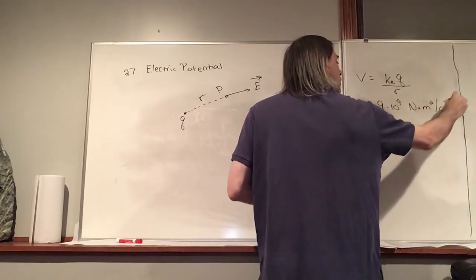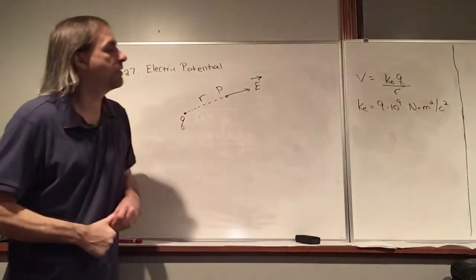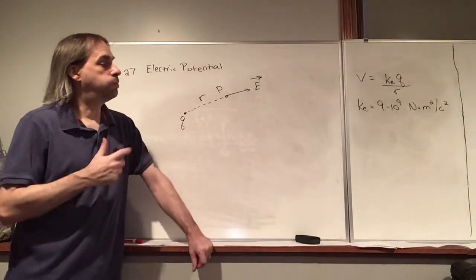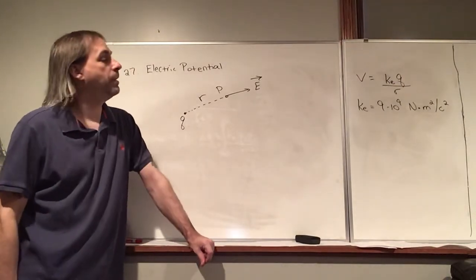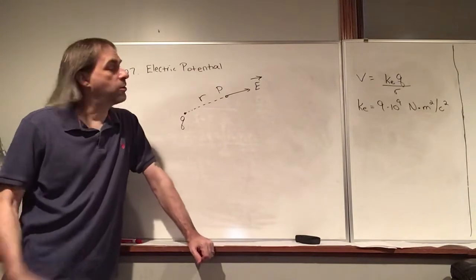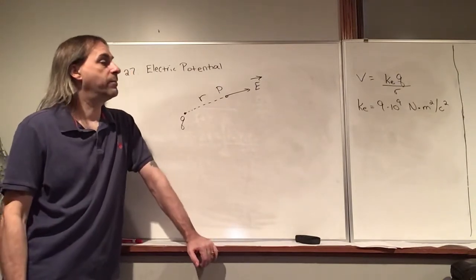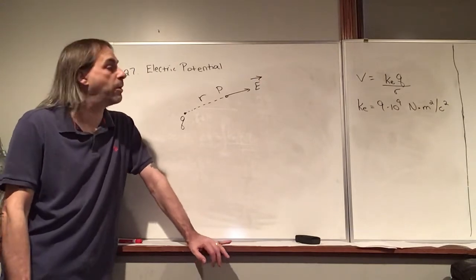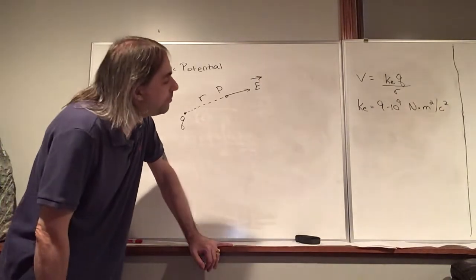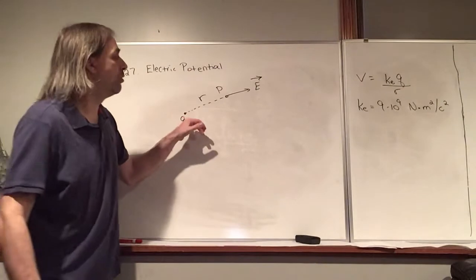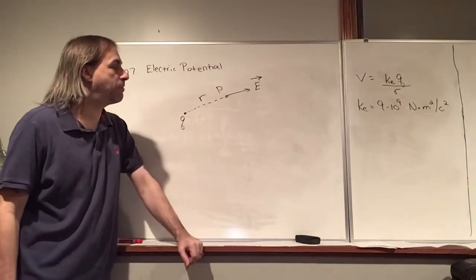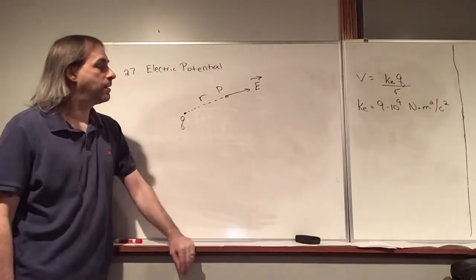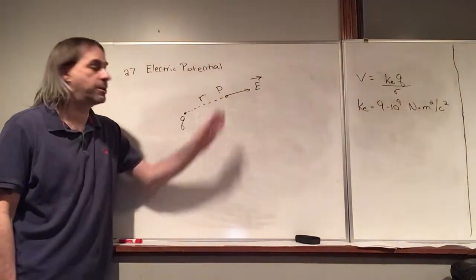Sorry, I forgot the units for K. Okay, so this electric or Coulomb's constant, whatever you want to call it, is 9 times 10 to the 9th newton meter squared over coulomb squared. And we say that for a charge Q, there's an electric potential at this point, a distance R away.